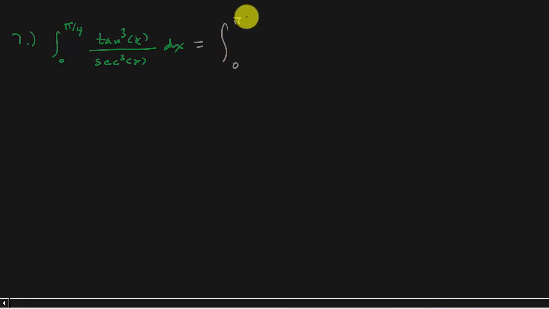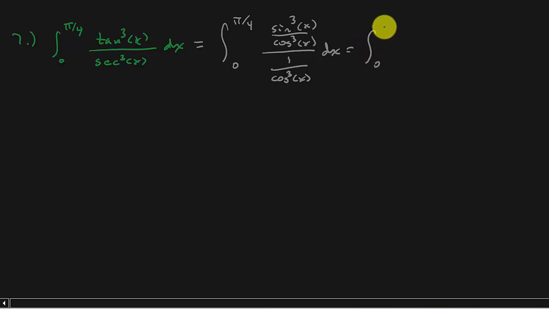So we got 0 to pi over 4. And so that's going to be sine cubed x over cosine cubed x over 1 over cosine cubed x dx, which that's going to be 0 to pi over 4.